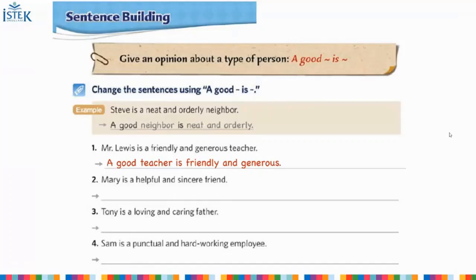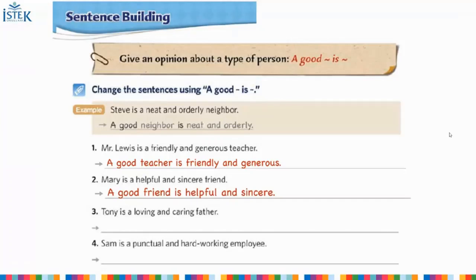Second sentence. Mary's a helpful and sincere friend. Helpful and sincere are the adjectives in this sentence, and friend is the noun. Here is the answer. A good friend is helpful and sincere.